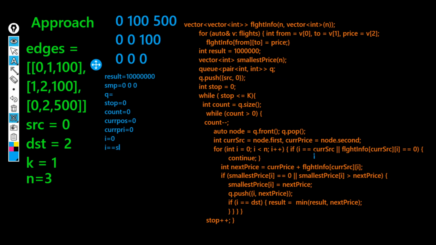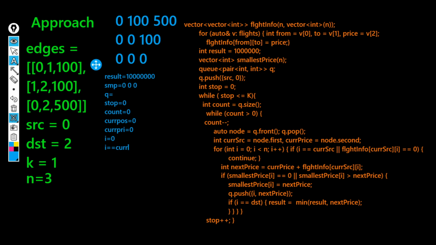src, current src. It means if the value of i is the current src, then it will not do anything, because in this situation the destination as well as the starting point is the same, so we don't have to do that.